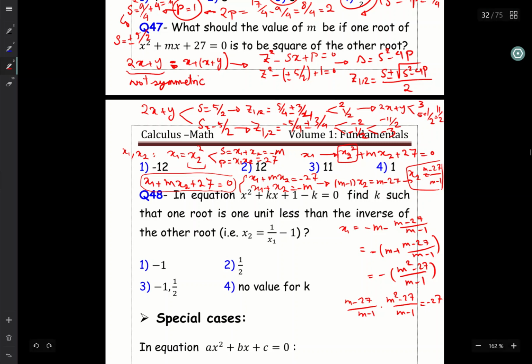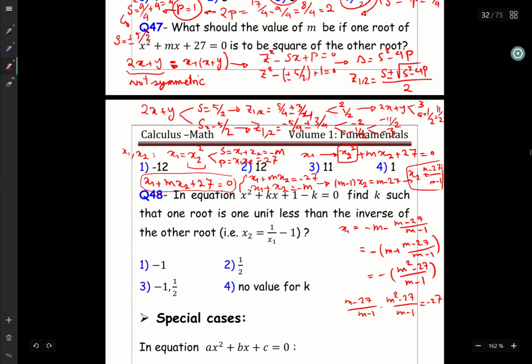Let me see. So what did we do here? We wrote down the sum of the two roots, x1 plus x2, was negative m, and x1 x2 is 27. And then we used the fact that x1 is equal to x2 squared, right? But we could do the other things too.